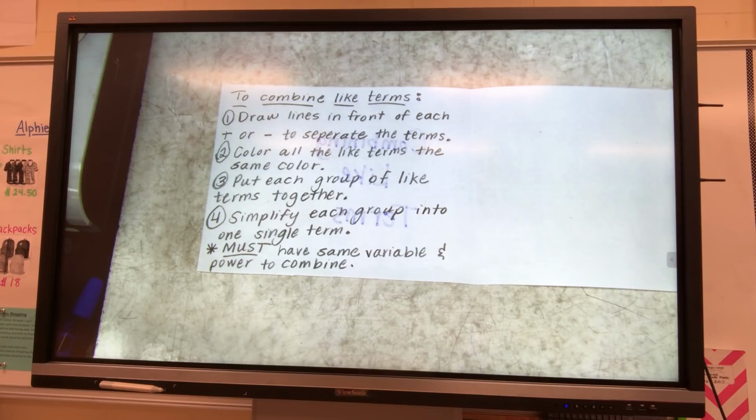If we have a y squared, it can only be paired with y squareds. I cannot put a y squared with a y. Y is like saying my last name is Johns, and y squared is like saying my last name is Johnson. They're different. They're not the same. So y's can only be combined with y's, and y squareds can only be combined with y squareds.